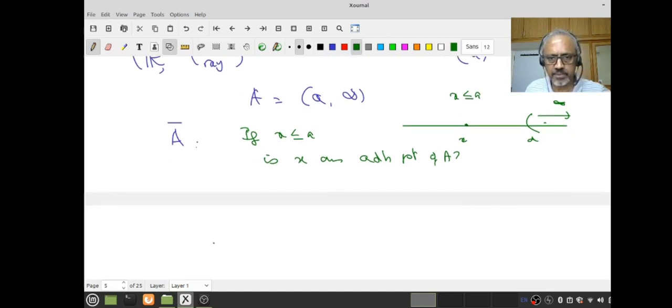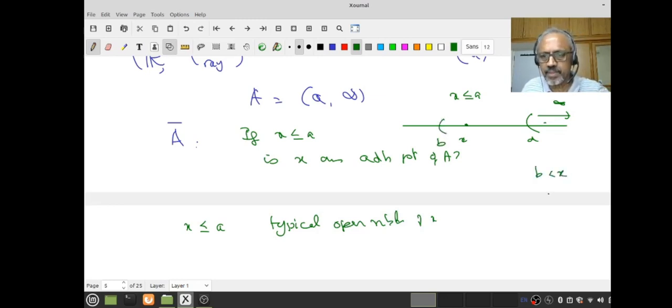That's very easy now. What are the typical open sets if x is less than or equal to A? Now you understand the reason why I kept saying typical open neighborhoods of x. It has to start from any B so that B is less than x, right?